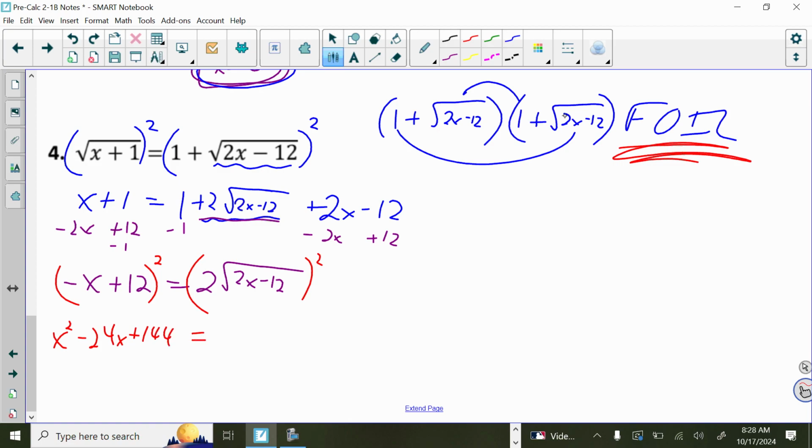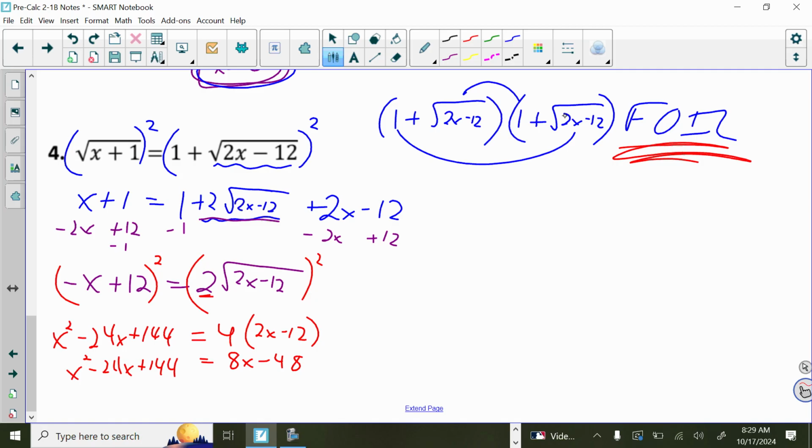And then on this side, finally, the radical is gone. But I do have to square this too. So I end up with 4 times 2x minus 12. Okay? So continuing on. Now, on this side, of course, after I distribute, I'm going to have 8x minus 48 equals this over here.